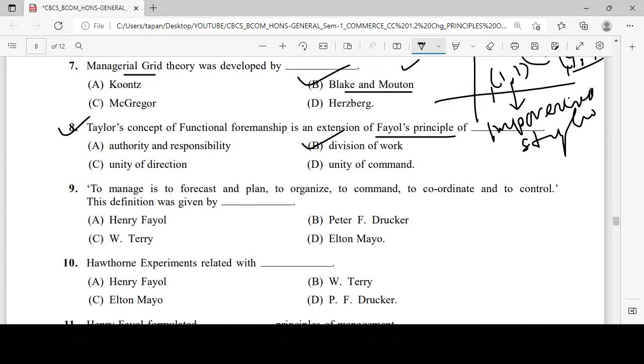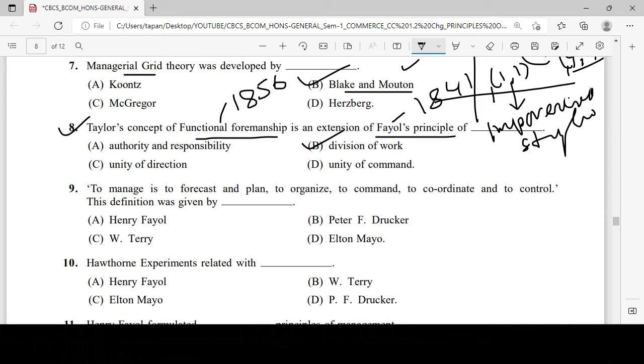Fayol was born on 29th July 1841, and Taylor was born in 1856, mind it.